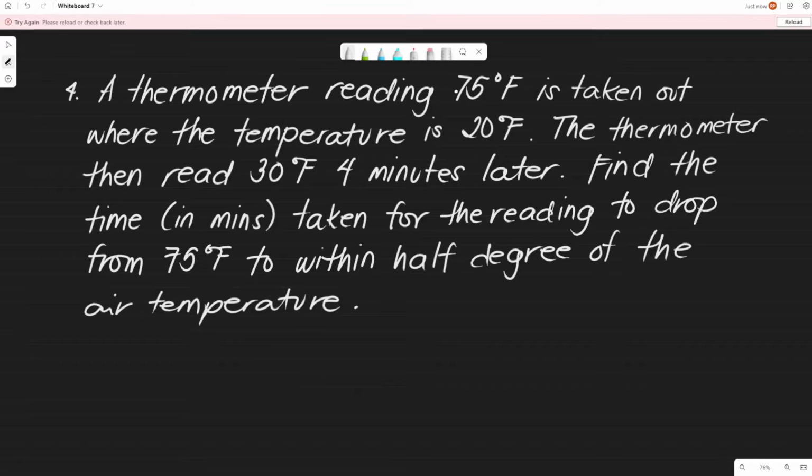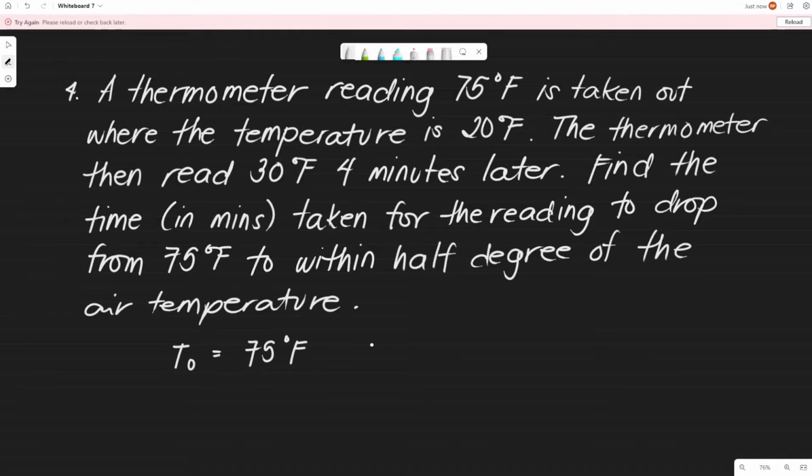It says the thermometer reading is 75 degrees Fahrenheit. It doesn't say after how many minutes, and it is in the present tense, meaning this is the initial temperature. So T sub O at time 0 is equal to 75 degrees Fahrenheit.